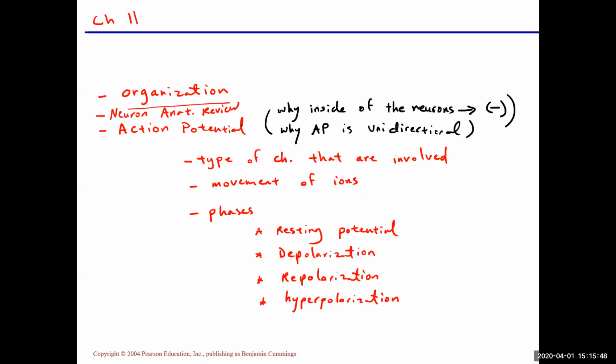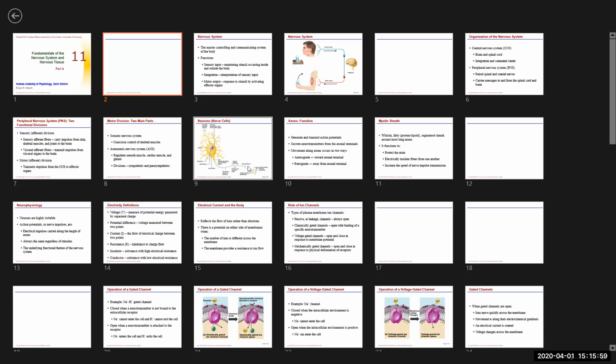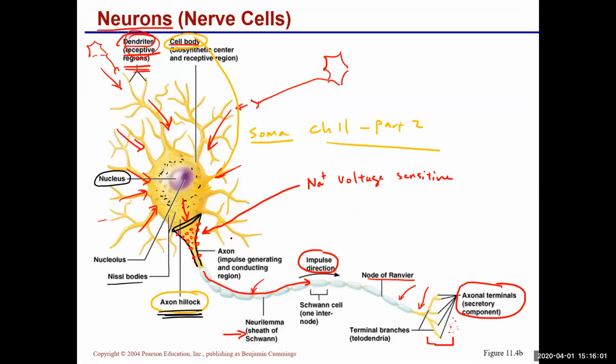And now we are going to go over the types of channels that are involved in action potential. One of those channels I already mentioned, that would be the sodium voltage sensitive channel. Again, this happens to be on the axon hillock, but what other channels can we observe and where are they located?